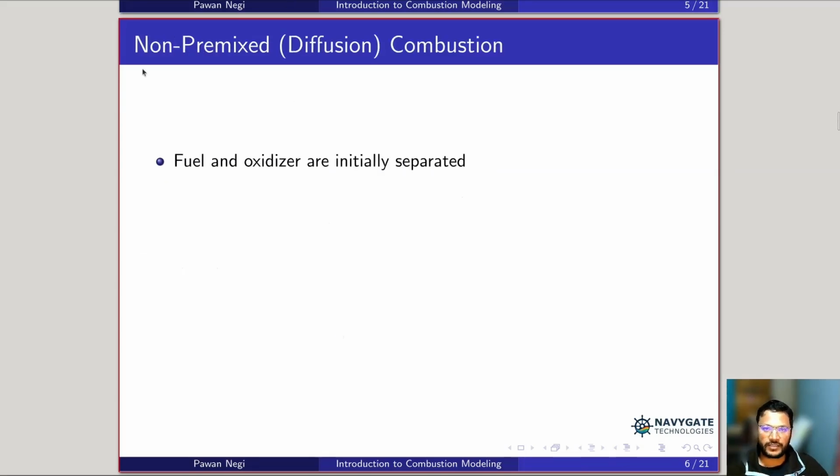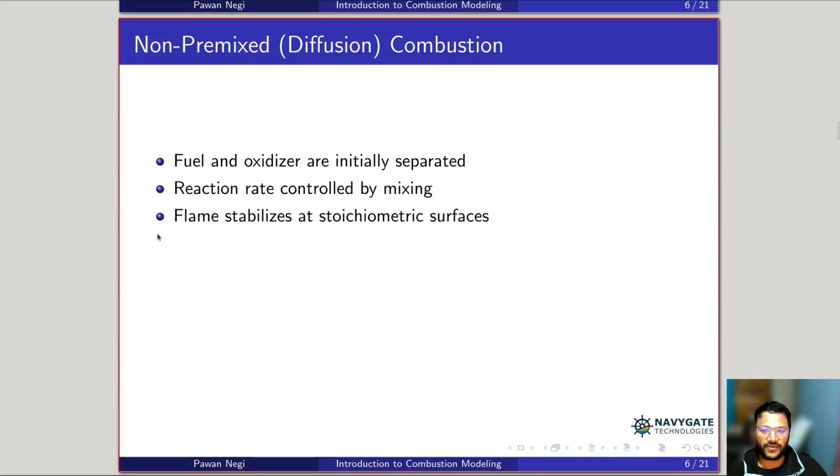Then we have this non-premixed combustion. Here the fuel and oxidizer, as I explained before as well, are initially separated, and the reaction rate is controlled by mixing. This mixing is estimated by different models. The flame stabilizes at stoichiometric surfaces.